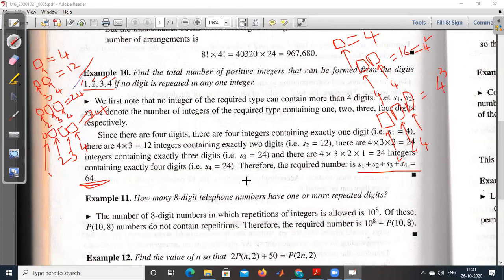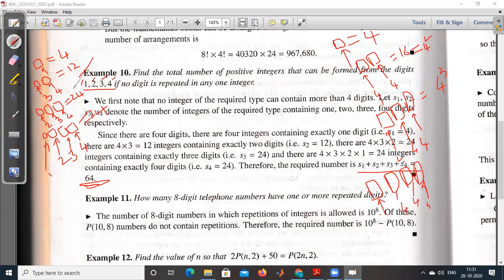Okay. So next for the 4-digit numbers, 1, 2, 3, and 4. This can be in 4 ways. This is also 4 ways. This is also 4 ways.